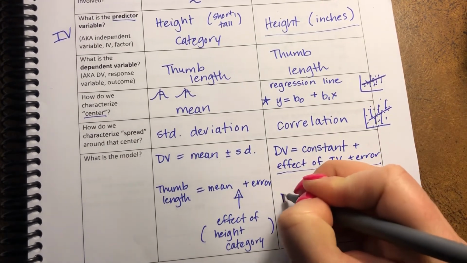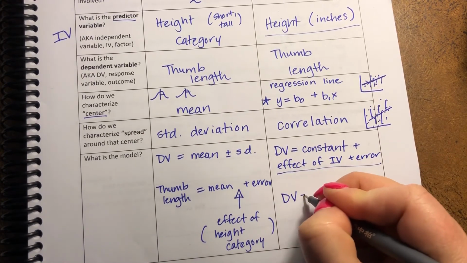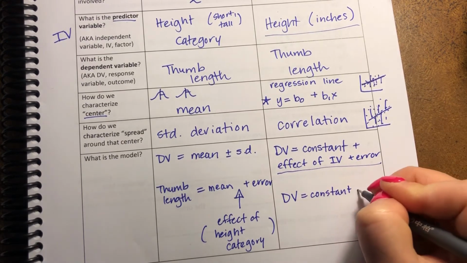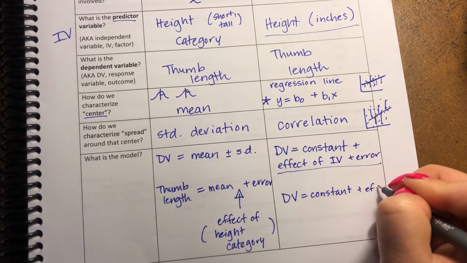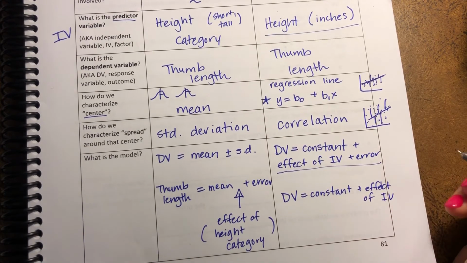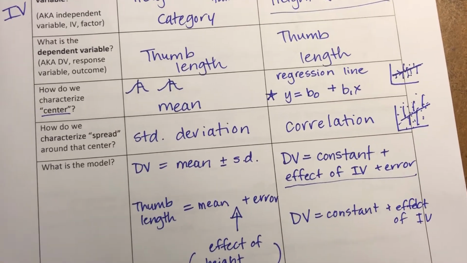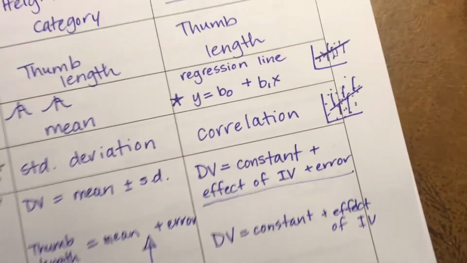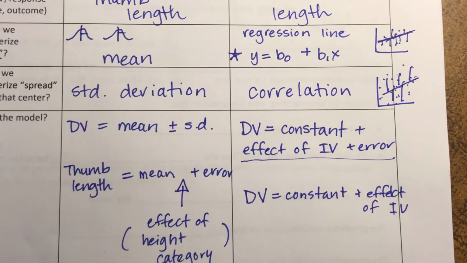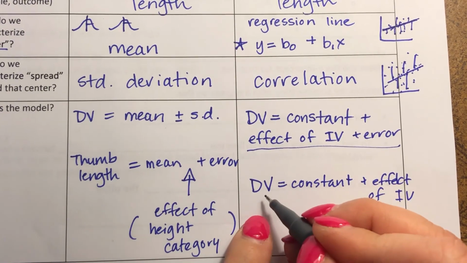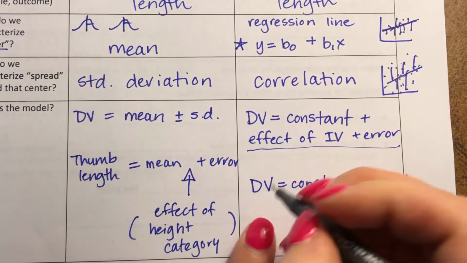Now I'm just going to connect this model, effect of IV. Okay. So here, this model is very much related to this regression line equation. So we'll go more into it in classwork 10, but here the DV is the y in the equation.